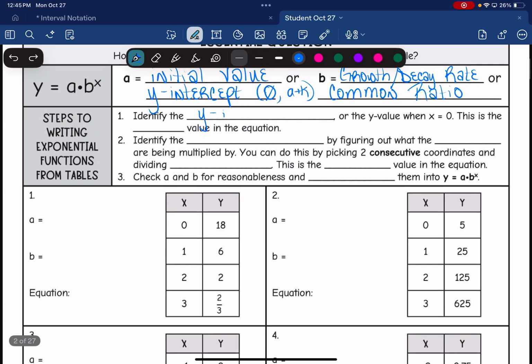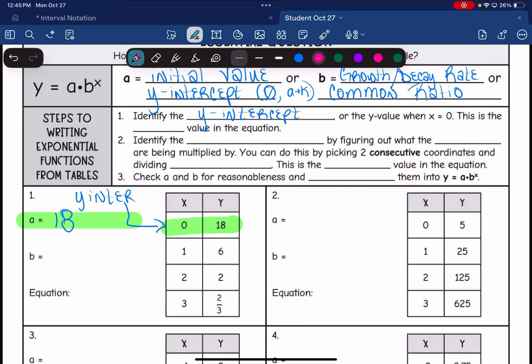I spelled that all the way wrong. And that's easy because we're looking for when x is 0. So your y-intercept, meaning my A is 18.